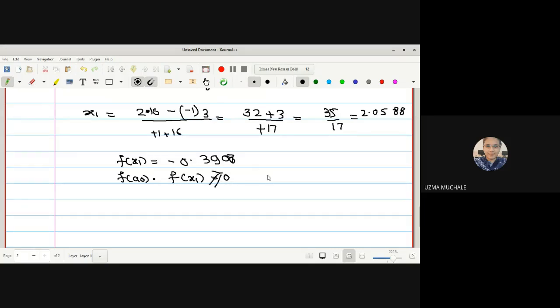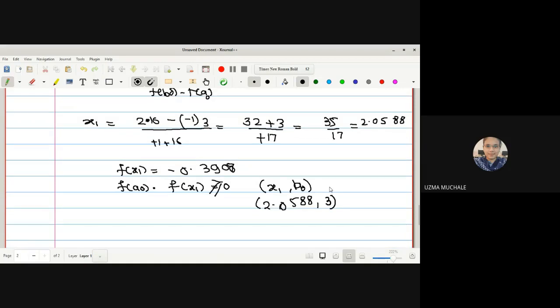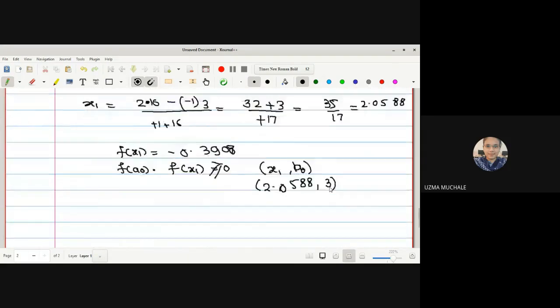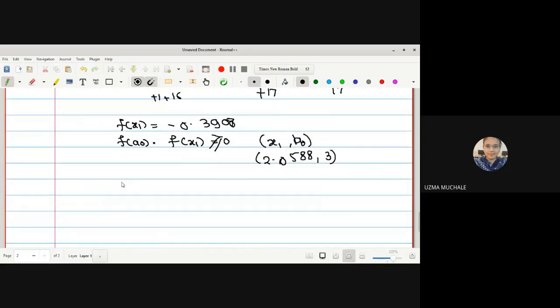As it is greater than 0, the next interval we can choose is x1 to b naught. Our x1 is 2.0588, and the value of b naught is 3. So initially what was our interval?